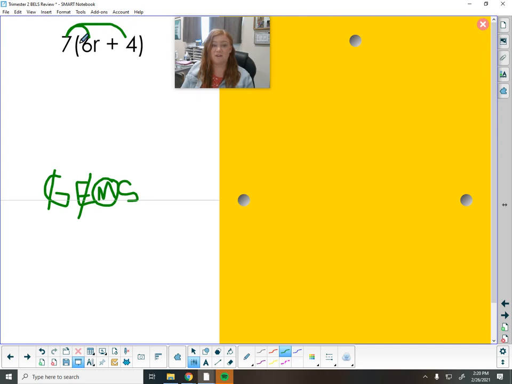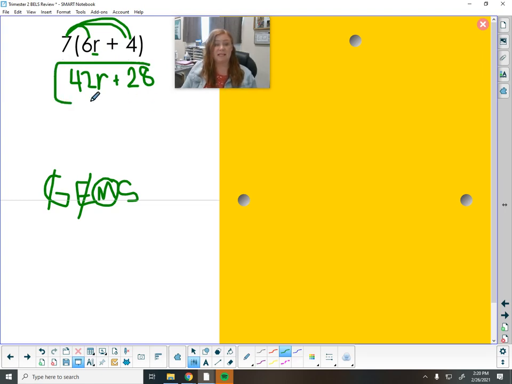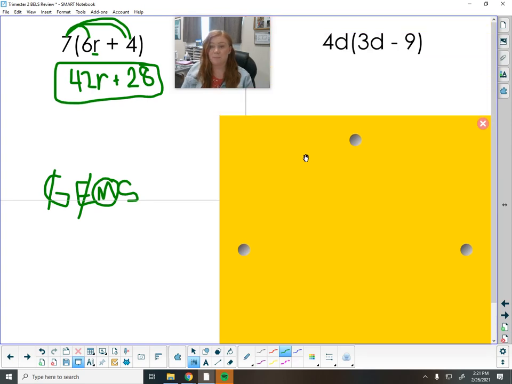We can't just do it to the first one. We're doing 7 times this whole entire group. So 7 times 6 is 42, 7 times 4 is 28, and we just keep our symbol the same here. So this is this problem with the distributive property.